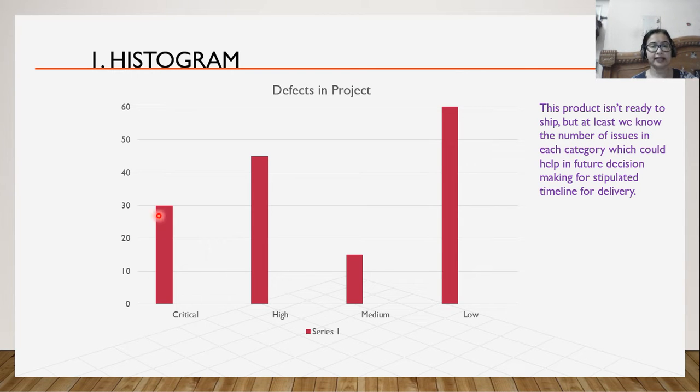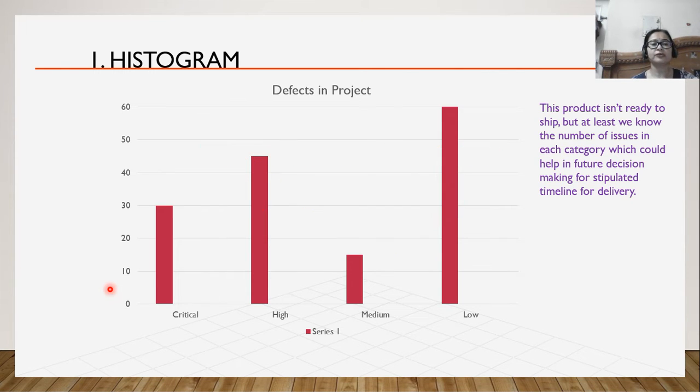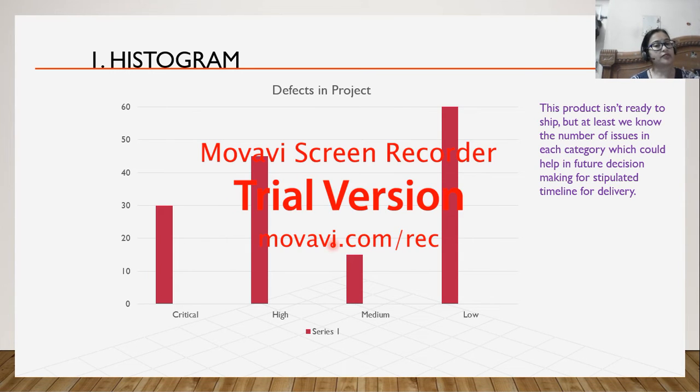As we are seeing here, when we plotted all these defects and categorized them into different heads, we found out that there are very few critical issues, maybe 28 or 30 are critical issues, and most of them are of low nature, some are high, and the rest of them are of medium priority.